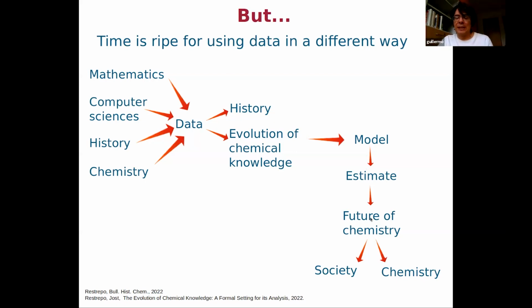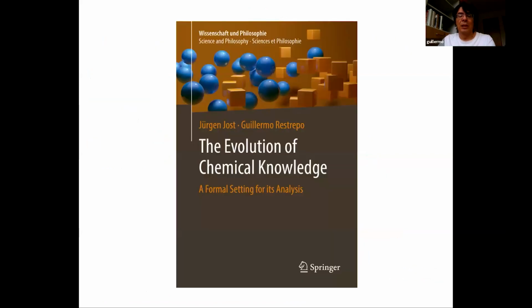That's more or less the aim, and it is very important because of the important role of chemistry for society. That's a hot topic, I would say. For instance, in the new epoch of the Anthropocene, that's very important.